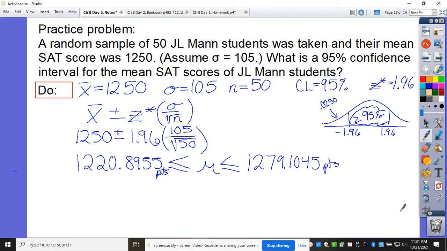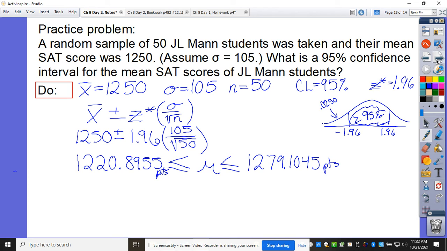I know that this number is going to be greater than my mean. And they're the same distance apart. So if I get something over here like 500, and I get 1279 over here, I shouldn't have to think much to realize something is wrong. So pay attention to that, and you'll end up catching a lot of your mistakes. This should fit in between these two, and they should be equally far apart.